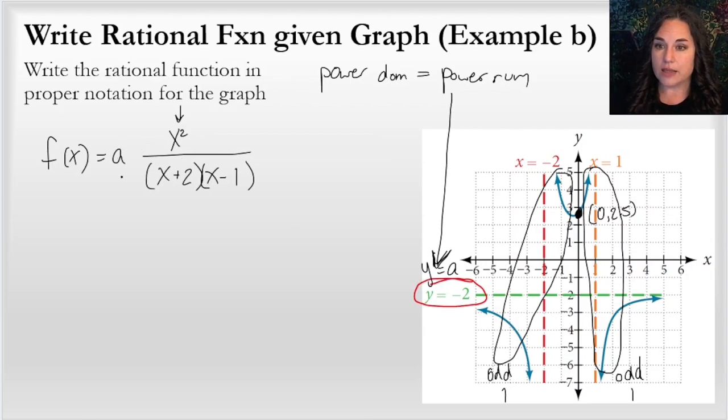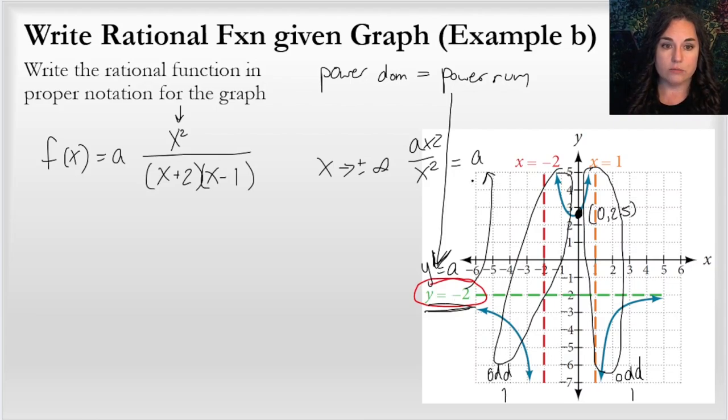I'm going to guess that the a in here is -2. Remember, as x goes to plus or minus infinity, this will be ax squared over x squared, which simplifies down to a. So I know a is -2.